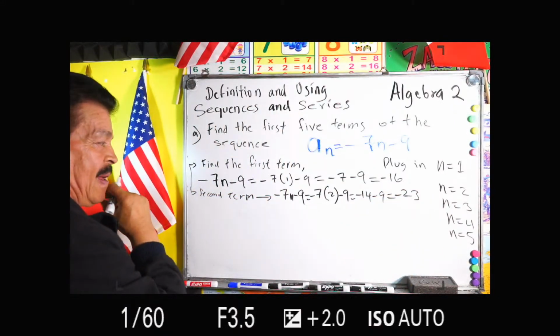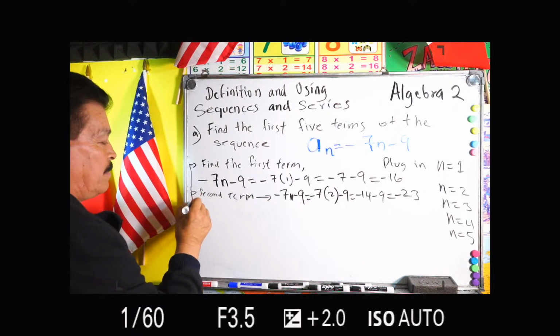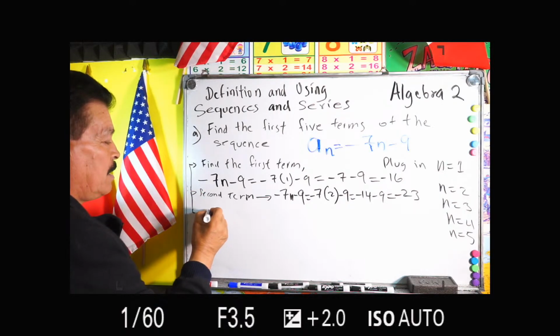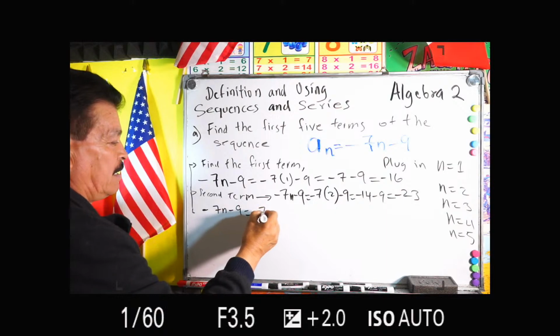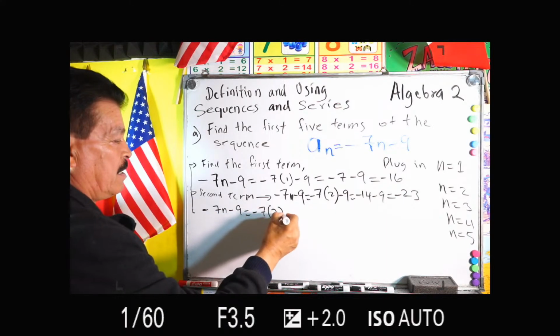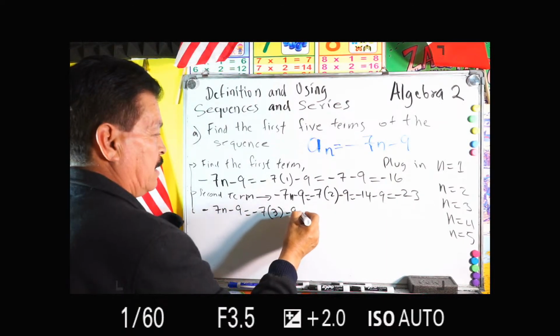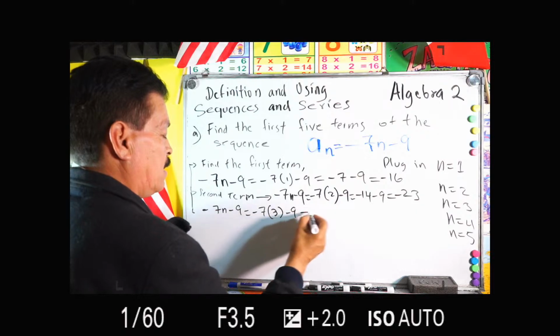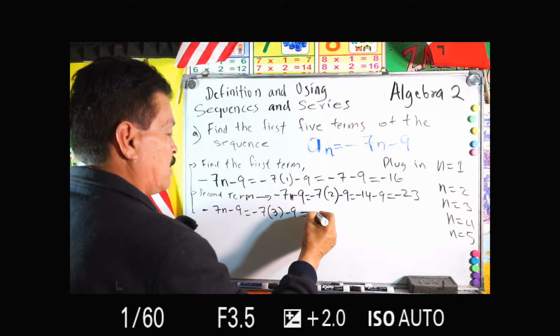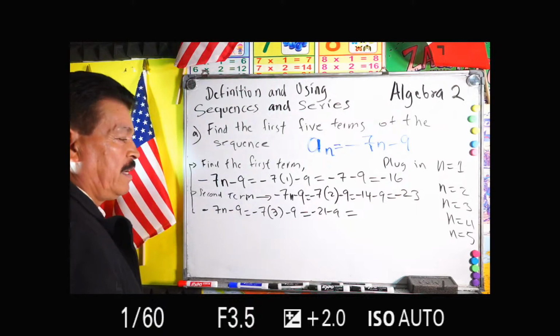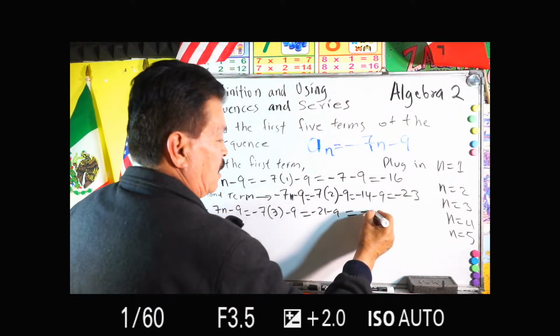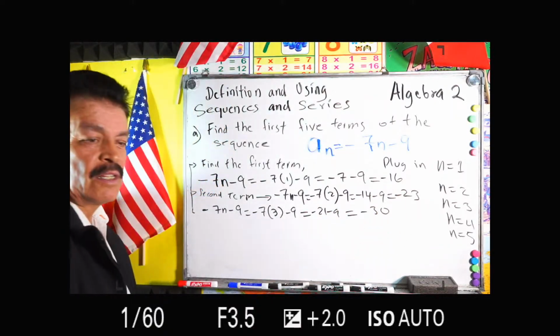So the third one, let's write negative 7n minus 9 equals negative 7 times 3 minus 9 equals negative 21 minus 9. Just simplify here. It equals negative 30, right?